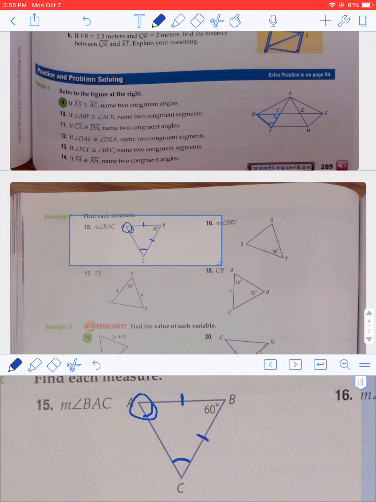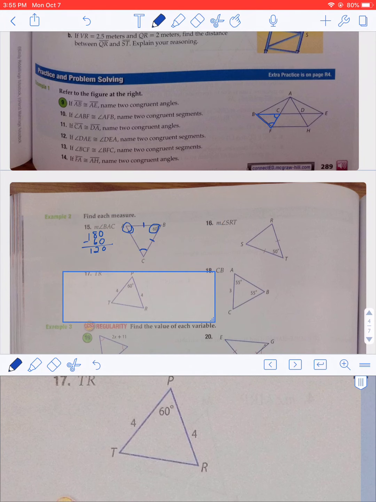Well, we don't know what angle C is, so it's a little hard to tell what angle A is, but this is key right here. If you've got 180 degrees in a triangle, okay, then 60 is used. You got 120 left. Well, the 120 has to be split evenly between the base angles because they got to be the same. So there's your hint there.